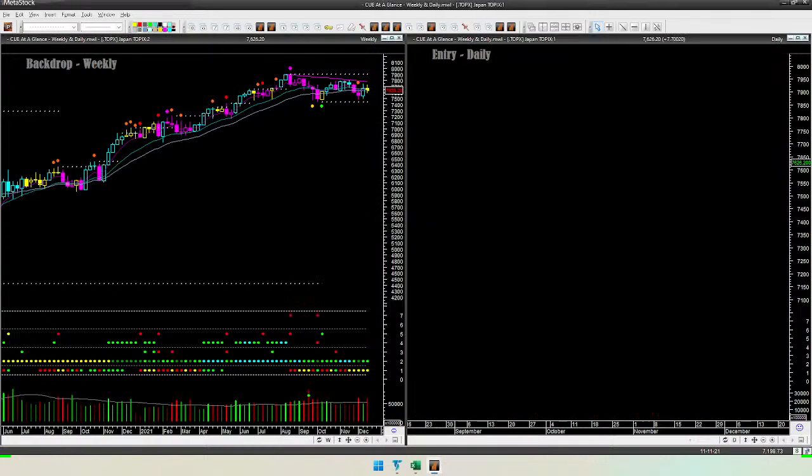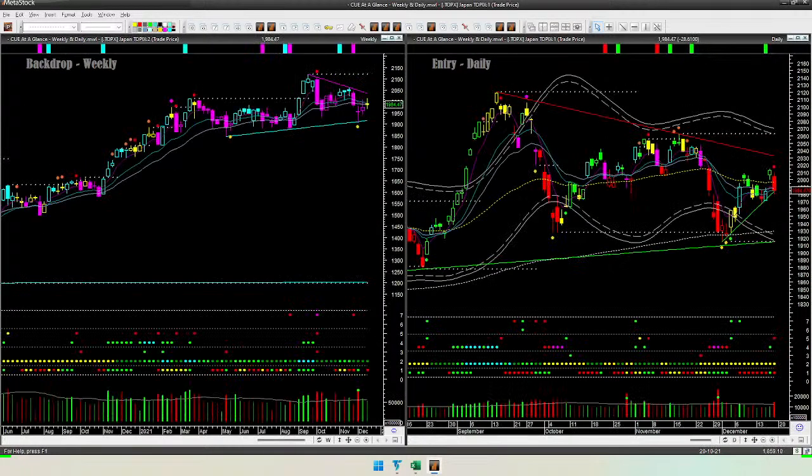Japanese market Topix index also moving sideways inside a triangle pattern. Multiple supports, also trendline resistance.